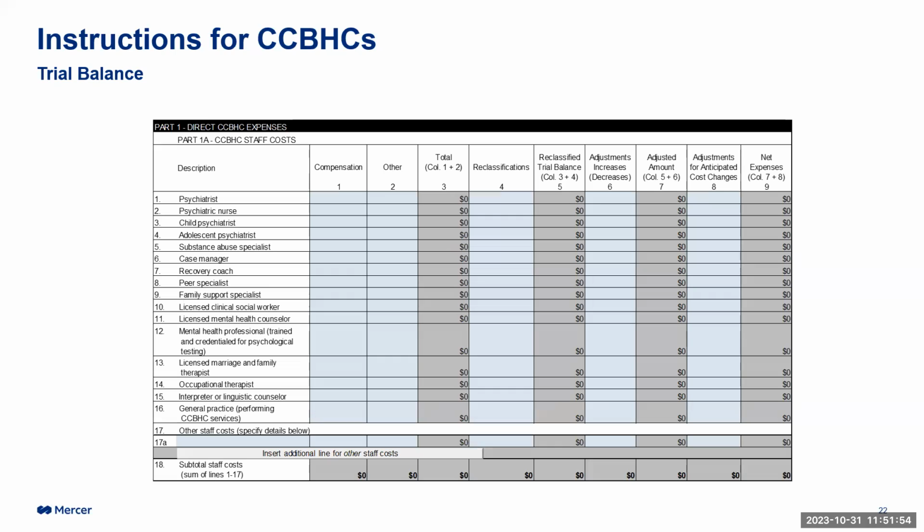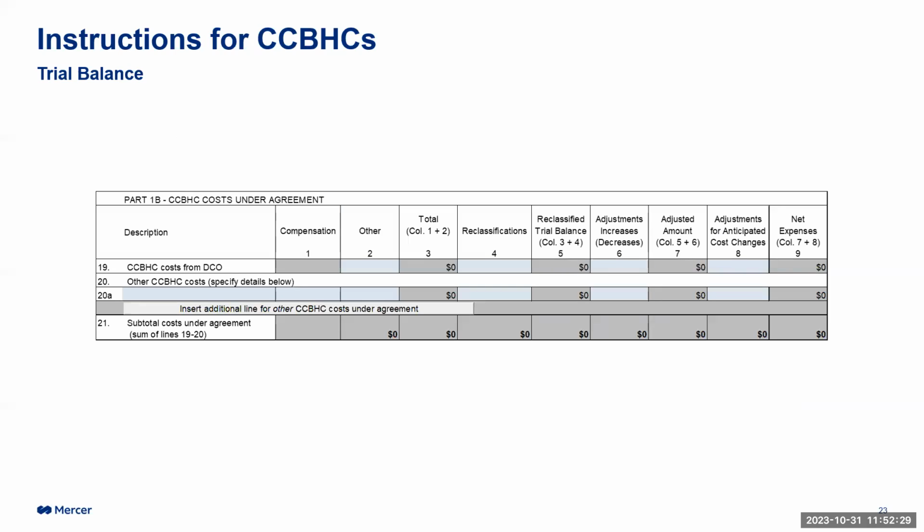Those types of things are going to support the anticipated costs to really give us a better understanding when we review the cost report that you understand the program and the adjustments for anticipated costs make sense, and as we go through the approval process, that's where we're going to look at that. So that's the direct tab of the trial balance tab. If you want to scroll down to the next slide.